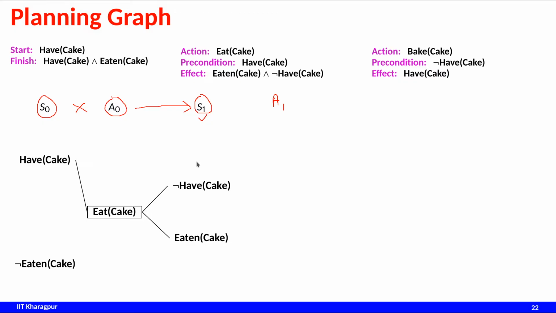But if you think a little bit, we have cake in S0, and if we do not apply this action eat cake, though it is applicable, then this will end up with have cake in this state, because no action is also an action that I can think of.